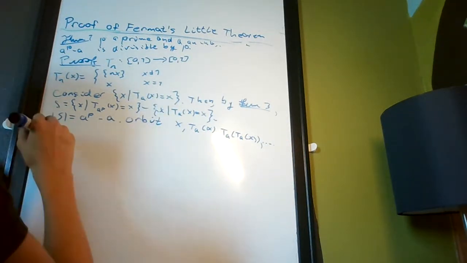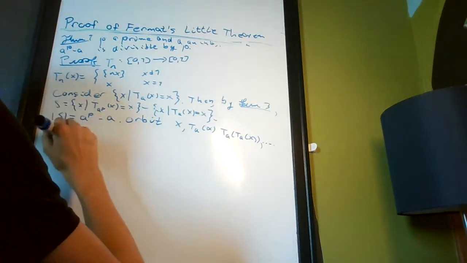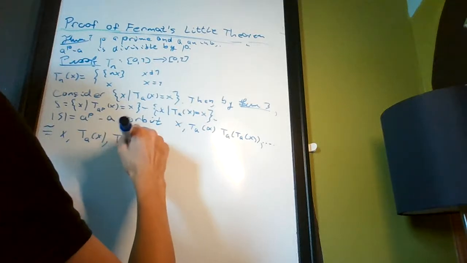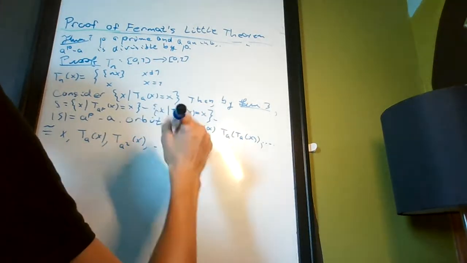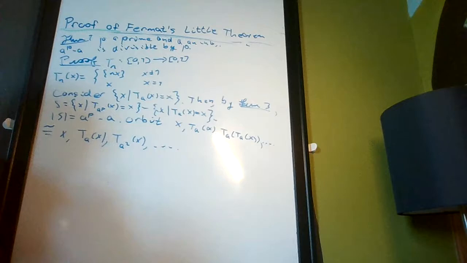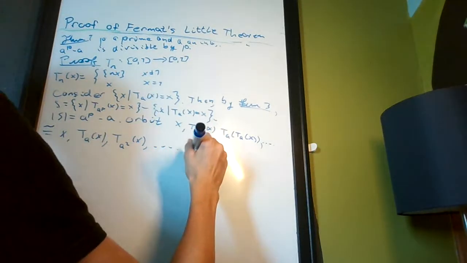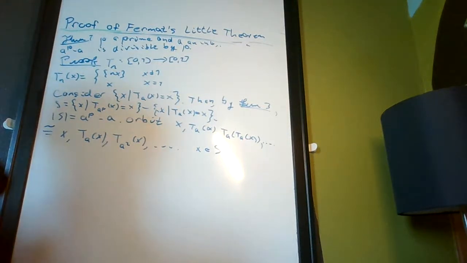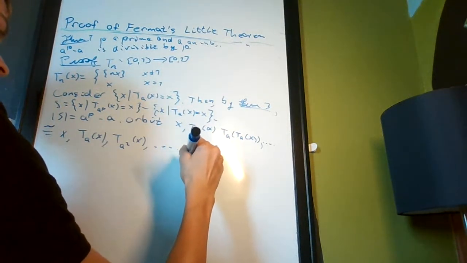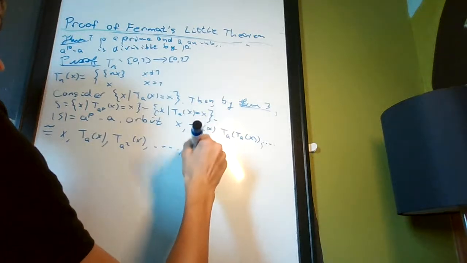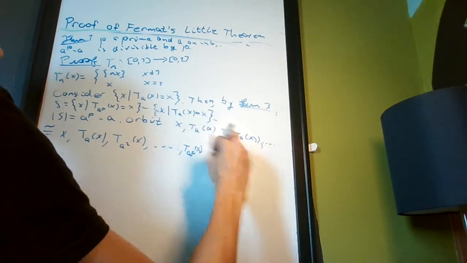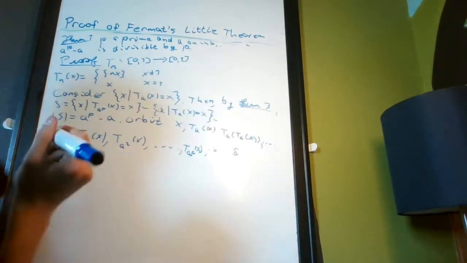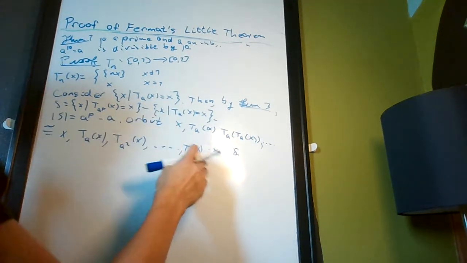But this is going to be equivalent to x, TA of x, TA squared of x, on and on. And because x is an element of the set, it's a fixed point of a to the p. So let's take it up to TA to the p of x, x an element of S. Okay? So now we have TA to the p of x.